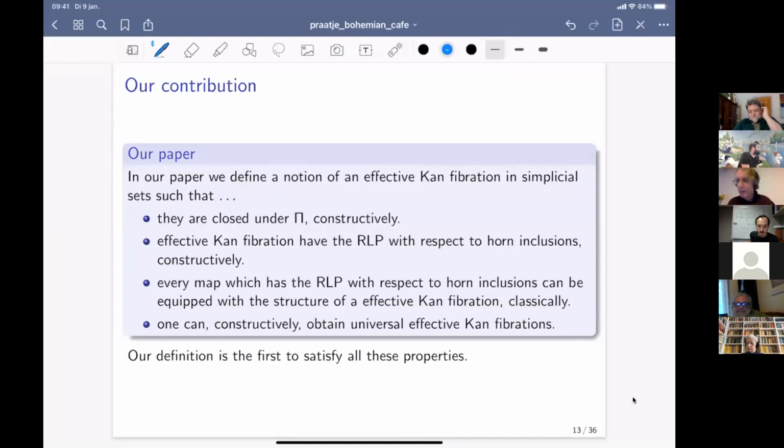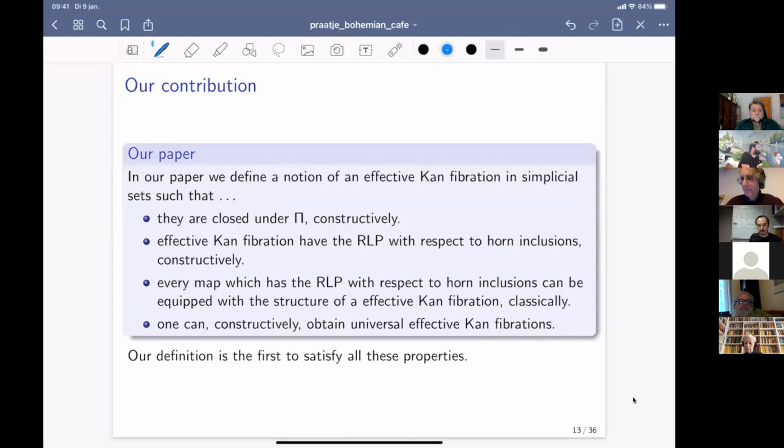There they only have weaker pi types. And then there's also the work by Gambino and Sattler, which I will probably come back to, where I think they ran into trouble with the universal effective cofibrations. So I think we can do both these things.